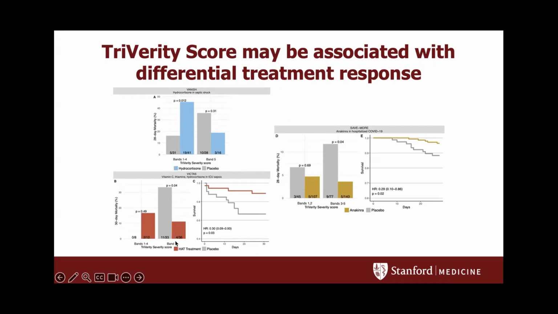And then in these high-risk individuals by Trivarity score, in the VICTUS cohort, we again showed treatment response in patients with severe dysregulation. And then again, same thing with Save More here, which was that anakinra COVID-19 clinical trial. What you can see here is that patients with a high Trivarity score, again, showed treatment benefit from anakinra.